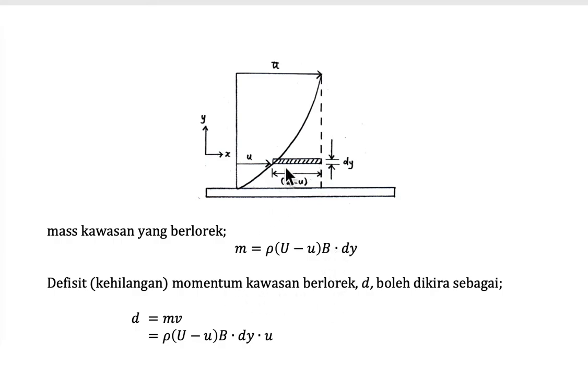Then the deficit momentum for the shaded area can be calculated by mass times velocity. So the mass is equal to rho (U minus u) b dy, and the velocity here is equal to u, because this is the velocity that the molecule travels from here to here.